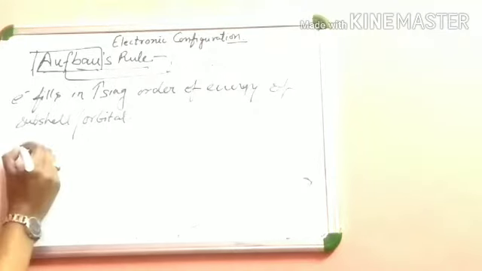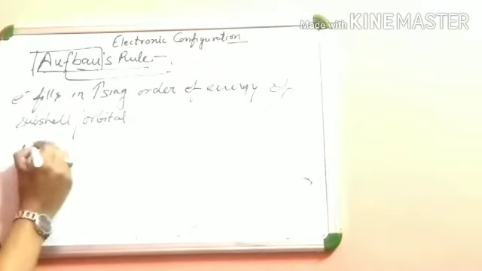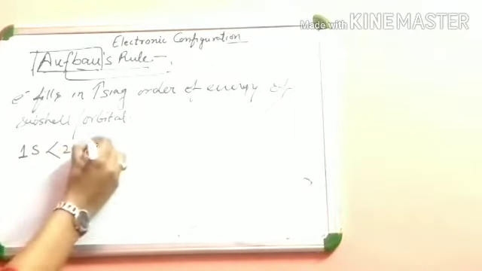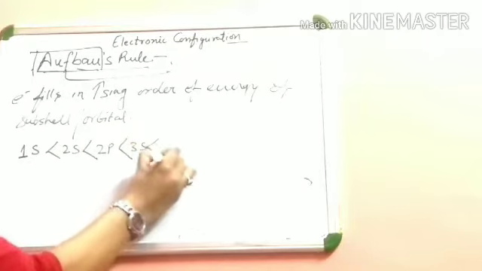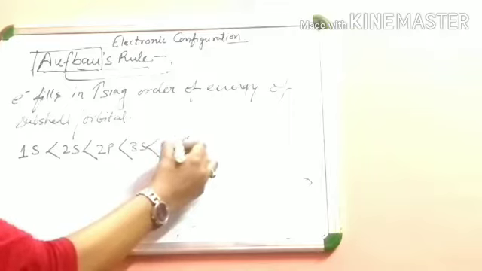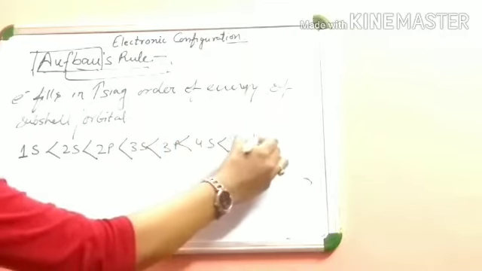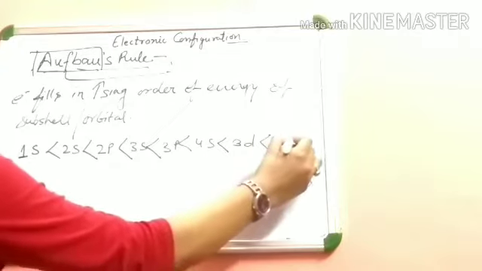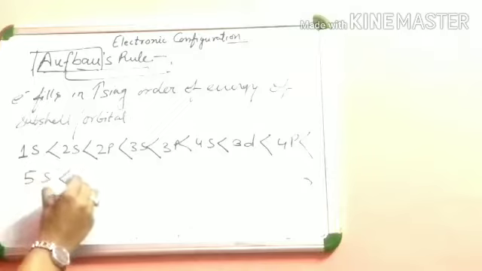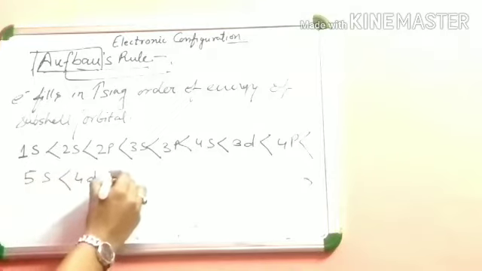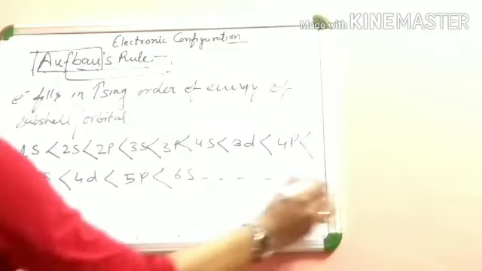The increasing order of energy of subshells is 1s, 2s, 2p, then 3s, then 3p, then 4s, then 3d, then 4p, after that 5s, then 4d, then 5p, 6s, and so on.